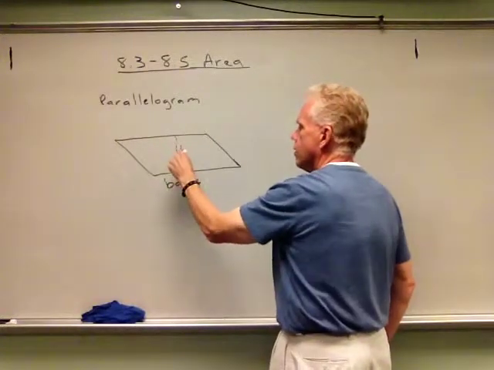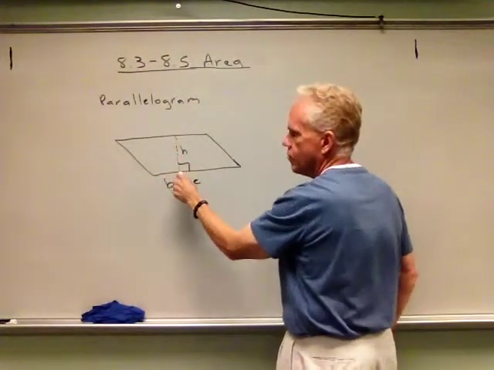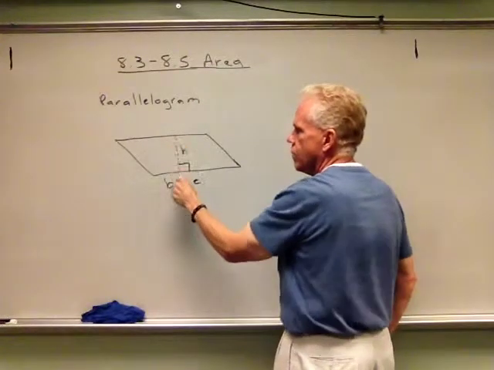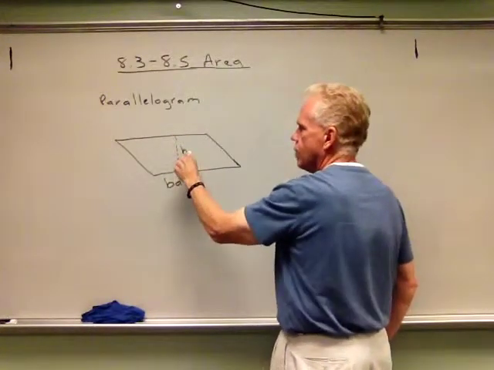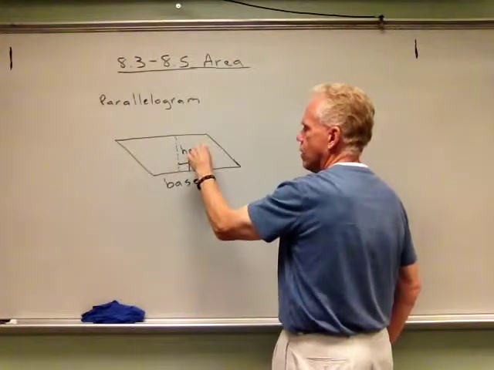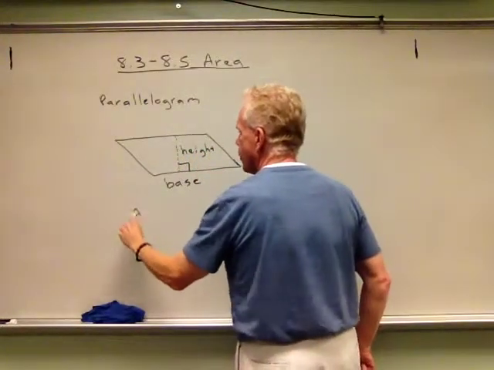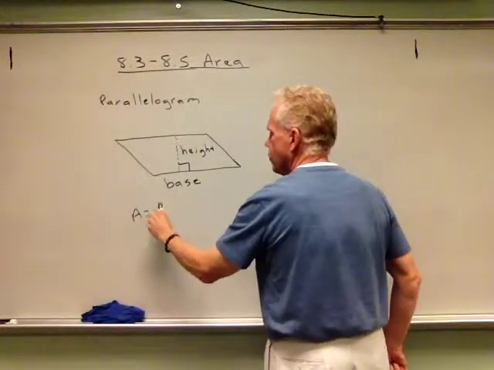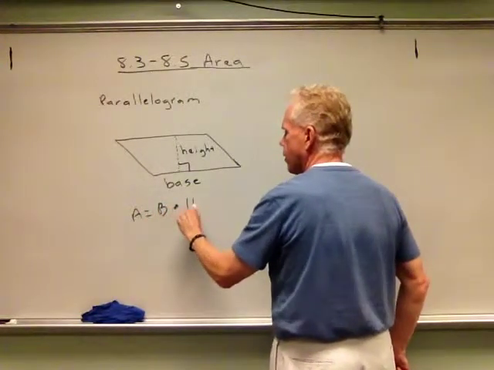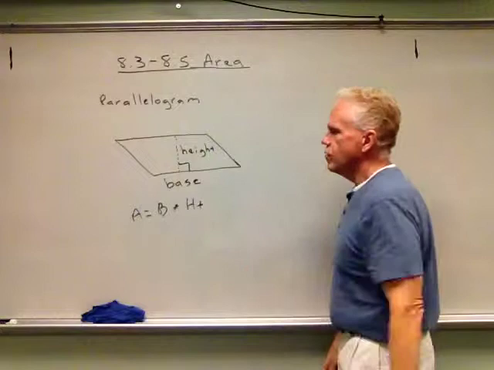And then this dotted line in the middle that forms a 90-degree angle between the base on the bottom and the base on the top is the height. That's the height. So the formula for the parallelogram is area equals base times height. Base times height.